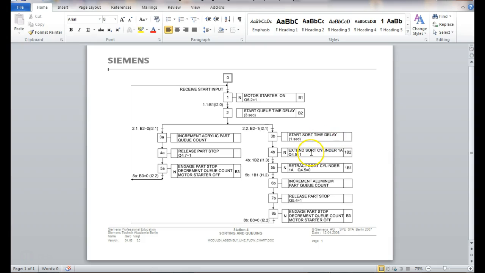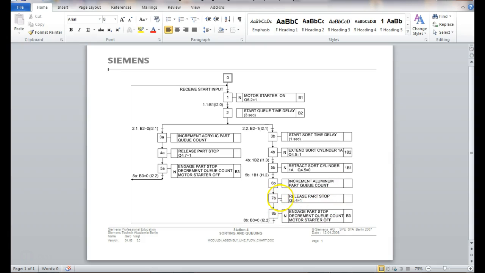This starts the 1 second timer. This extends the sort cylinder, which triggers 1B2. Once it hits 1B2, it will do what? Retract, right? And then that'll trigger 1B1. Once 1B1 goes true, then it increments aluminum Q count, and undoubtedly this is going to let the PLC know if the Q gets full.